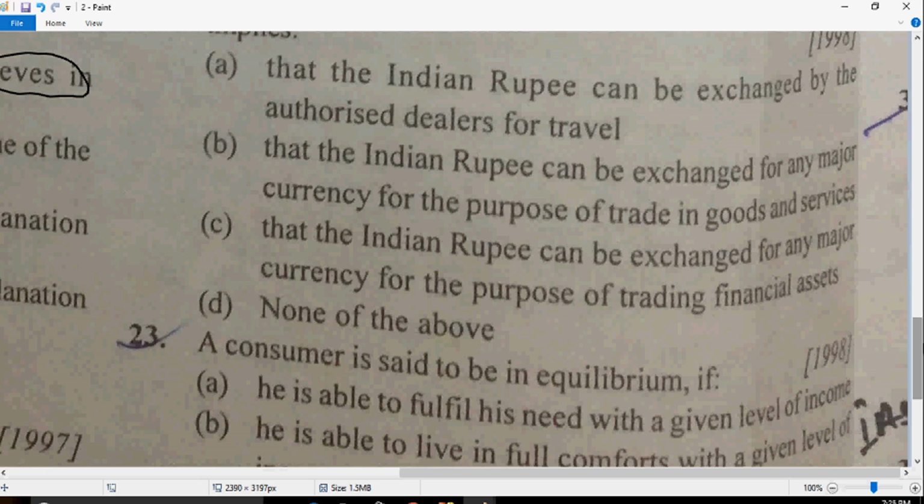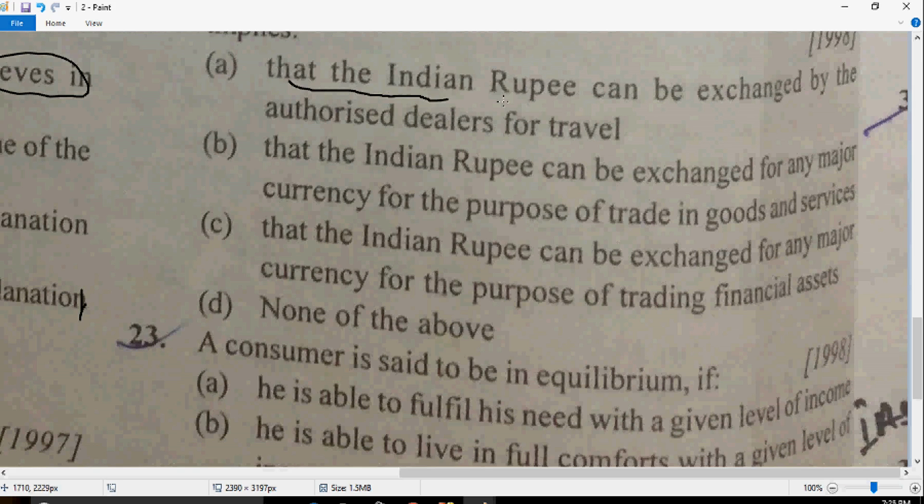So any entity can convert domestic currency into hard currency at the prevailing market rate and take the hard currency out of the country without any need of offering an explanation. So here which one is going to be correct? Let's attempt.